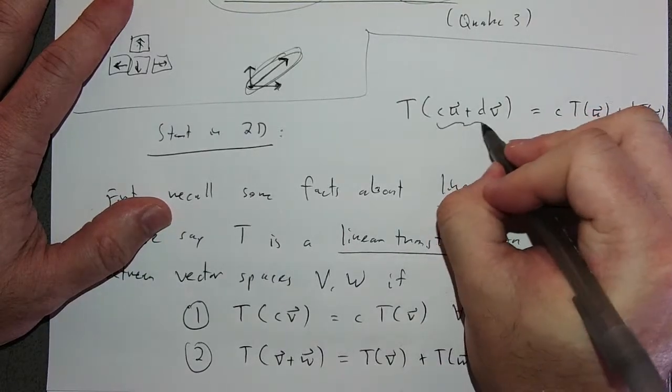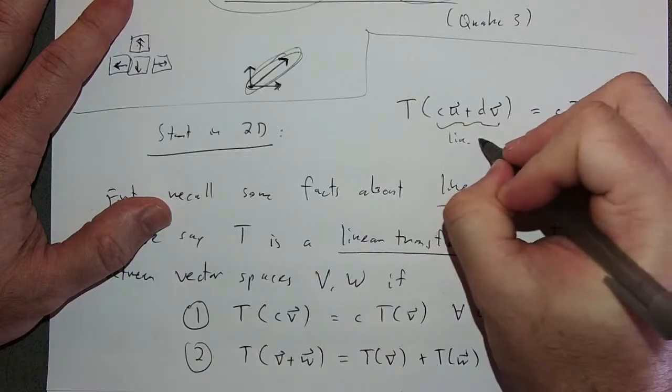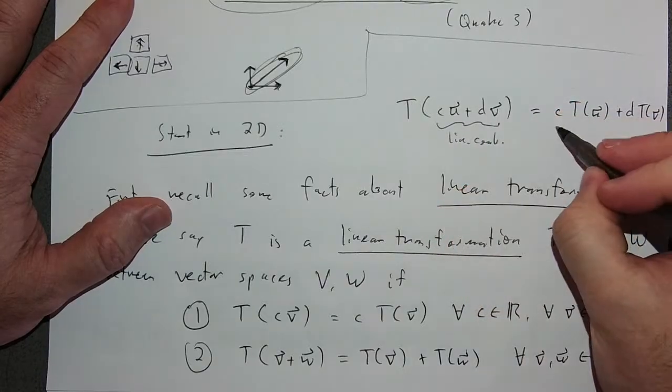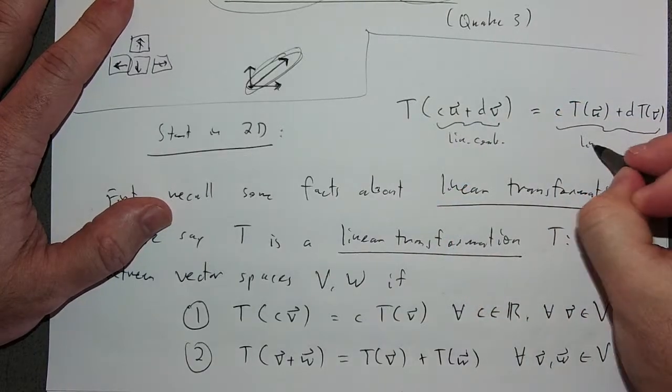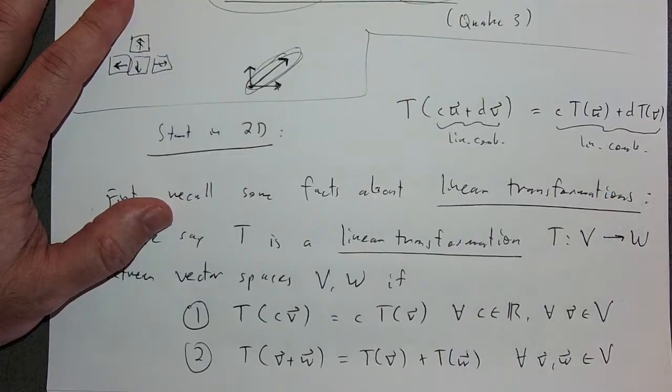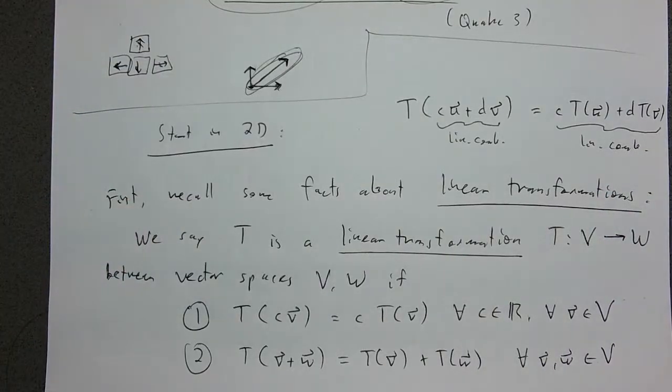So here is a linear combination, and here is another linear combination. So a quick and easy way of describing what a linear transformation does is it's a function between vector spaces that sends linear combinations to linear combinations. Okay, so it respects linear combinations, and linear combinations are the building block of vector spaces.